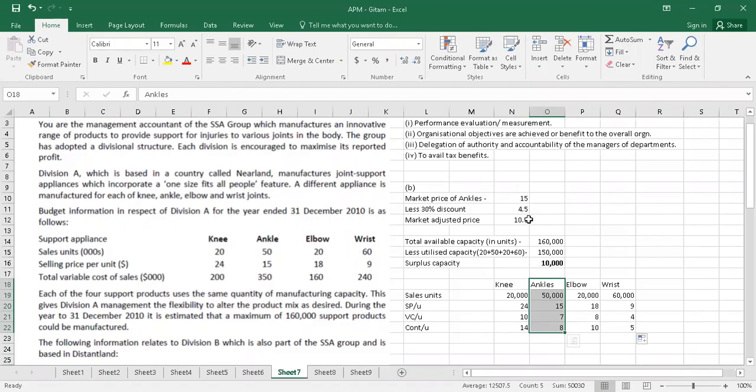Will it be okay to reduce the price to 10.5? External customers are offering 15. For internal division B, will it be appropriate to charge 10.5?